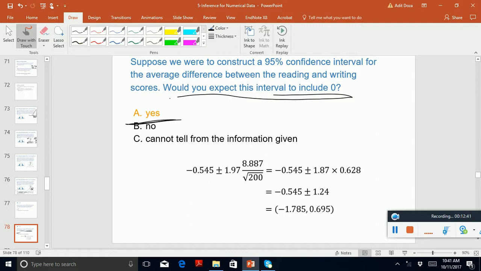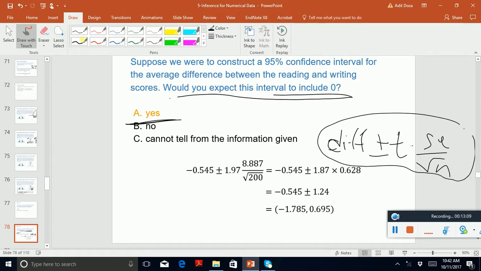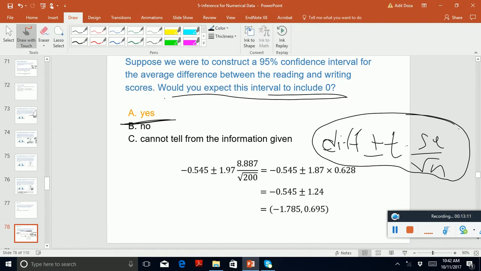and using the example from the previous case, if we construct a confidence interval, so what is the confidence interval for a t distribution? It's the average difference plus minus the t distribution critical value times the standard error over root n. Okay, this is the confidence interval formula for a t distribution.